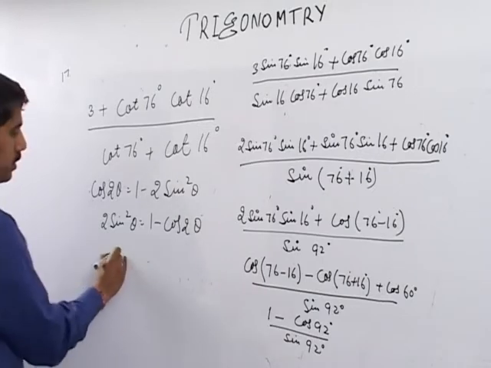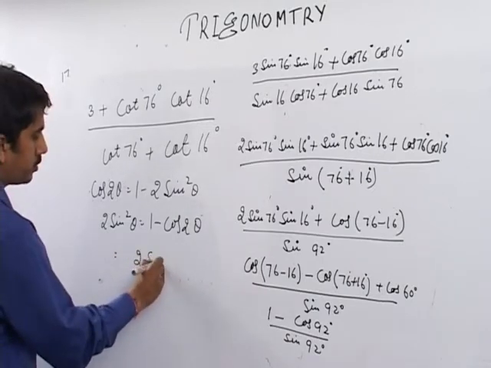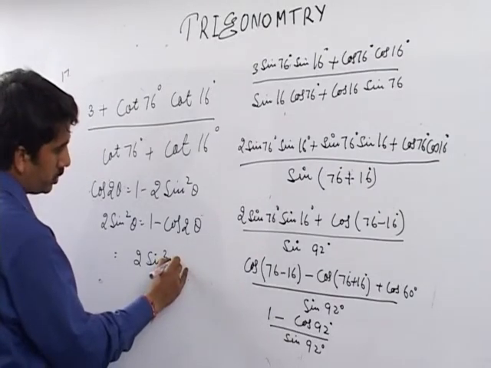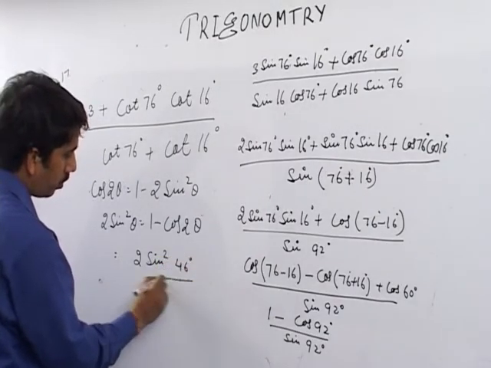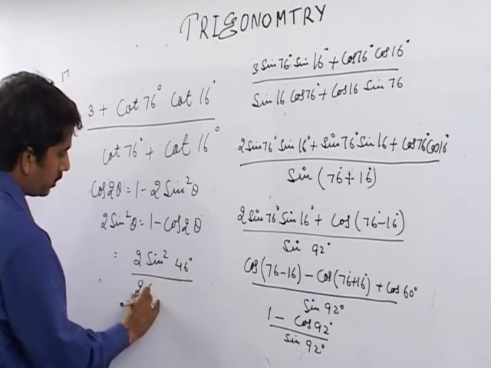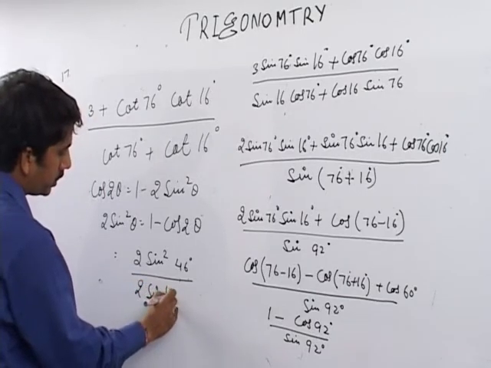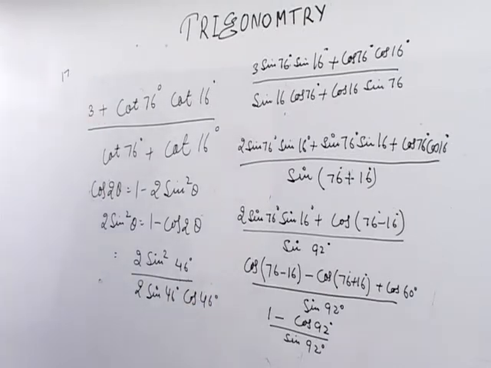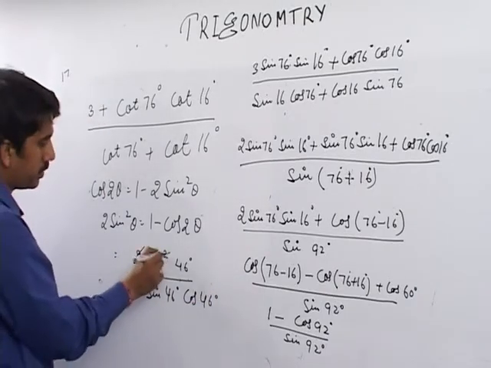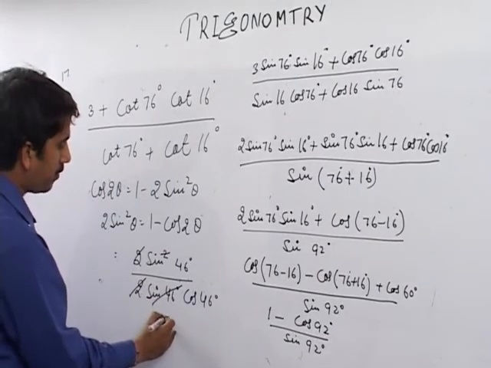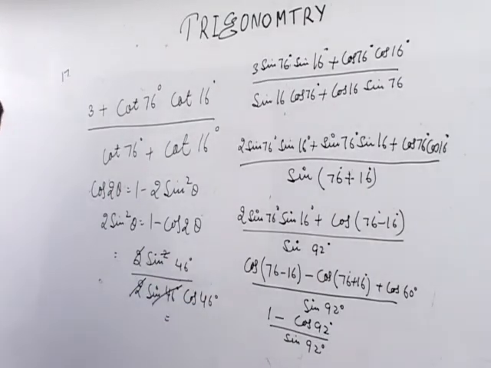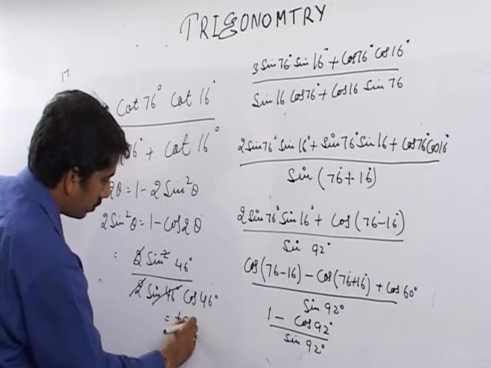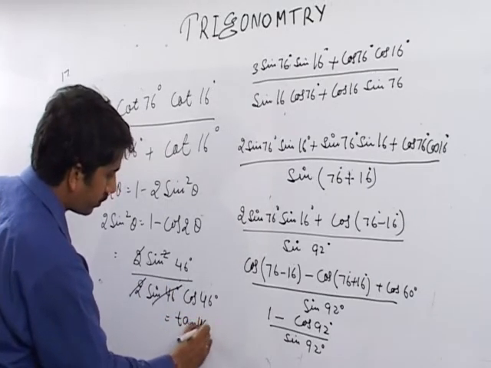So you will get 2 sin square of half of 92, which is 46 degree, over 2 sin 46 degree and cos 46 degree. Now here 2 will be cancelled out, one sin will be cancelled out, you will be left with sin 46 over cos 46, which is equal to tan of 46 degree.